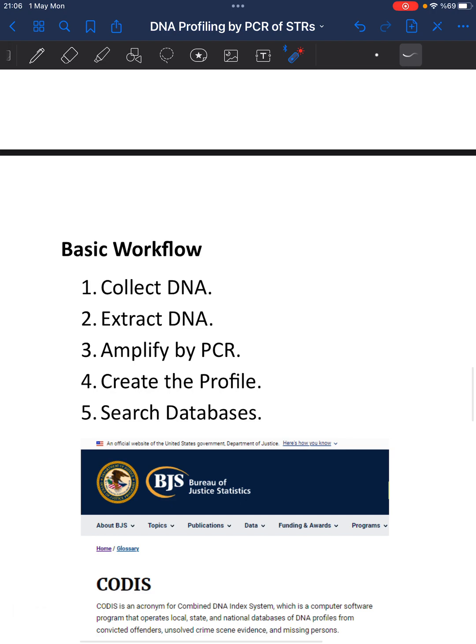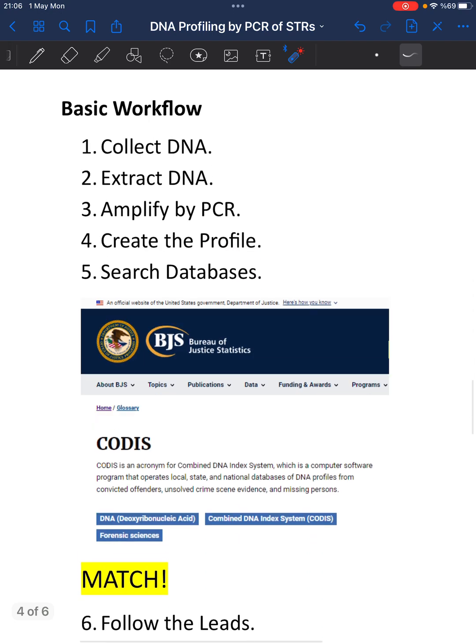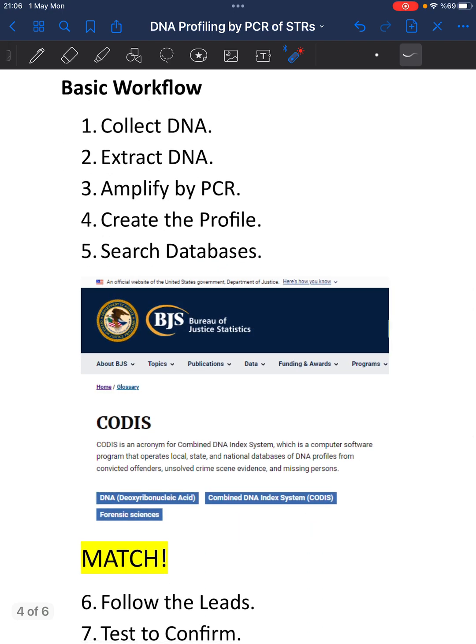As we said before, we collect the DNA. These collections of DNA can be of anything like blood, saliva, or hair, or just scraps of skin. And then we extract the DNA, as we learned in previous years. The PCR amplification is done, the profiling is done, and then we put the profile on databases.